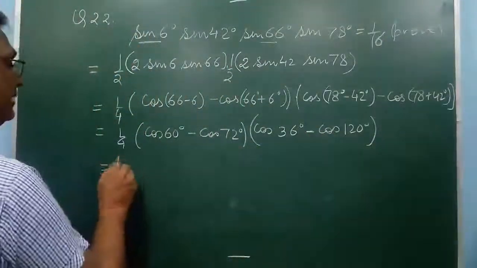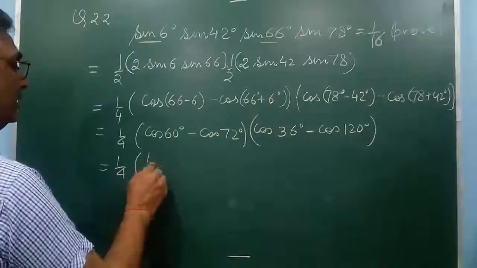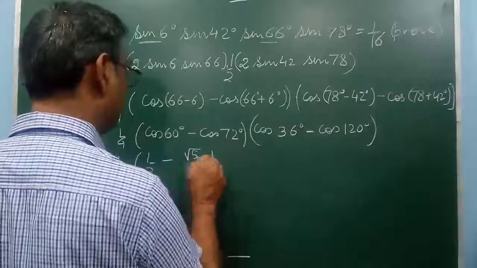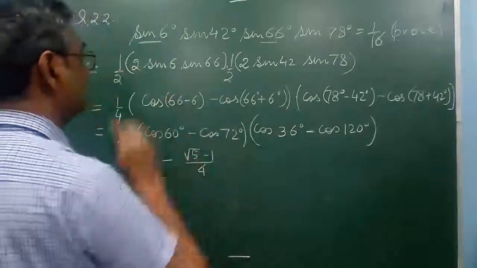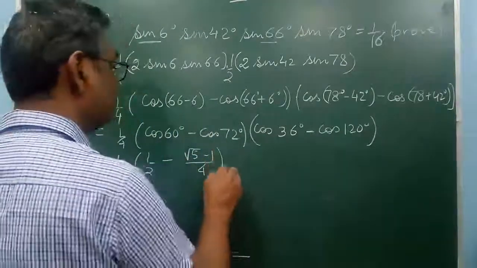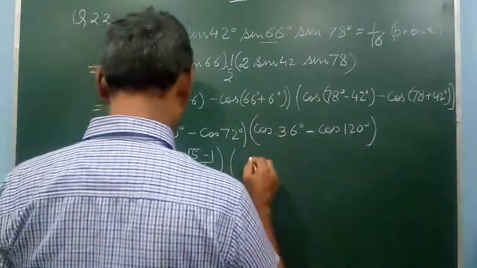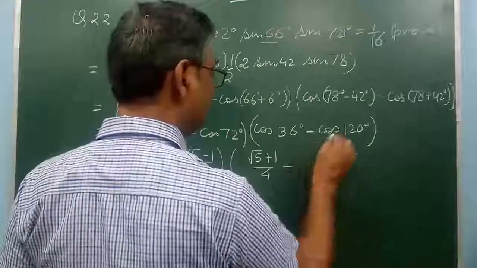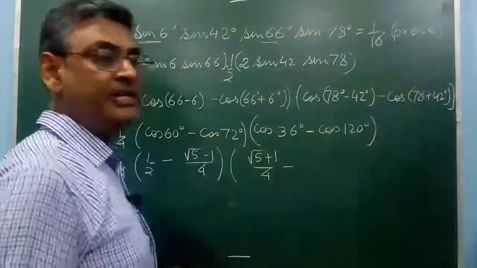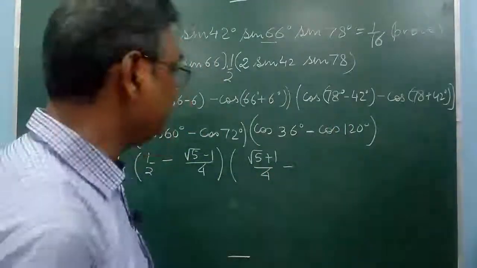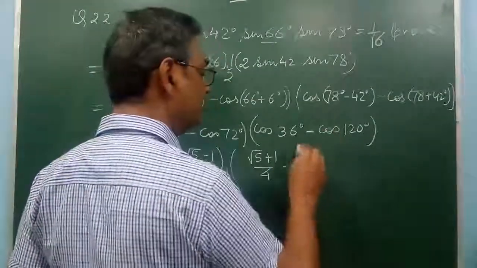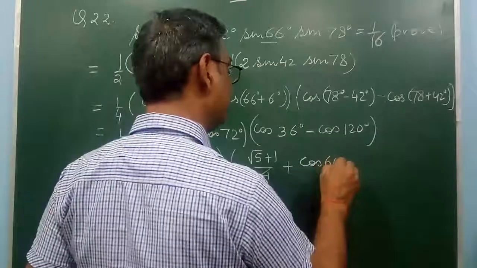Now this is 1 by 4, this is half, and cos 72 degree is (root 5 minus 1) by 4. It has the same value as sin 18 degree. So cos 36 is (root 5 plus 1) by 4 minus this. Cos 120 is minus cos 60, that means plus cos 60. Cos 60 is, okay, I just write here 60 degree.